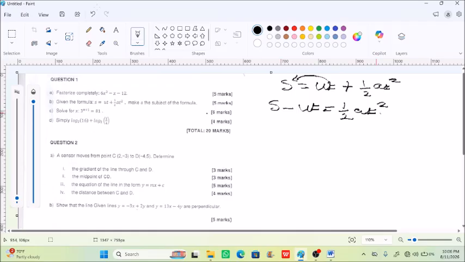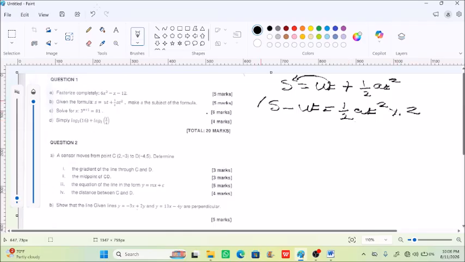We are only interested in the A there because A has to be the subject of the formula. So now how do we make A become the subject of the formula from this side? We divide throughout by 1 over 2, or we can multiply by 2 to cancel the 1 over 2. So let's multiply by 2 here, and also this side.